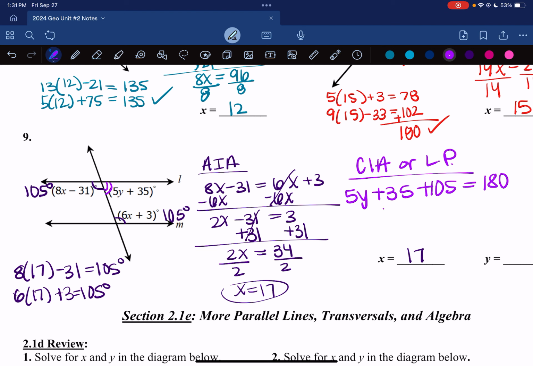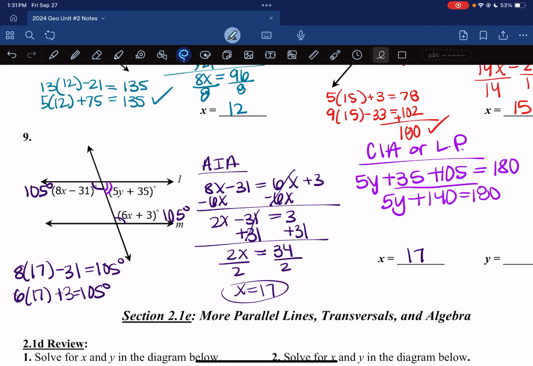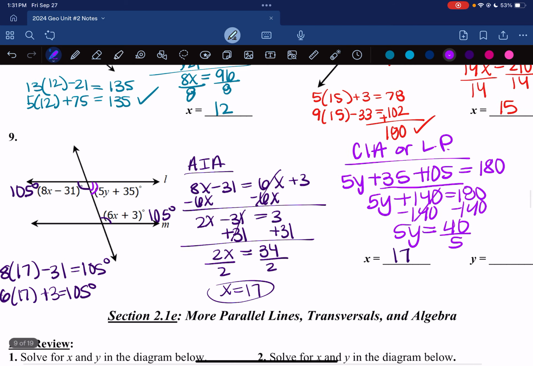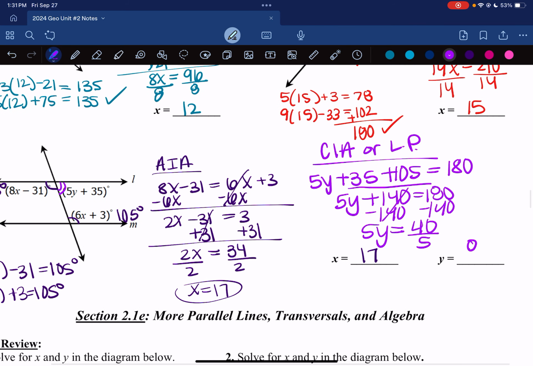If you combine like terms, we have 5y plus 140 equals 180. Minus 140 from both sides. So we have 5y equals 40, divided by 5. So y is 8.